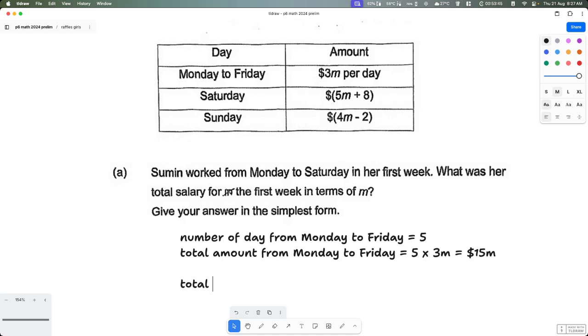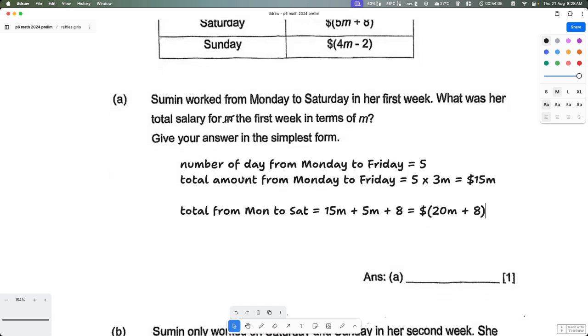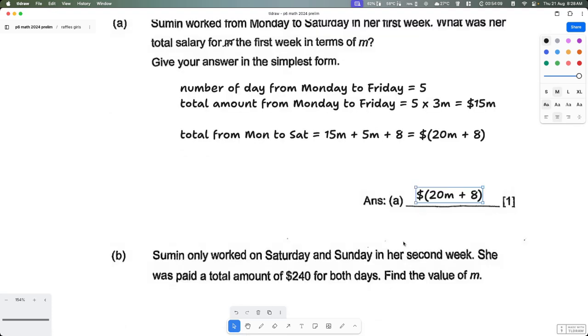Then the total from Monday to Saturday is 15M plus 5M plus 8, which is equal to $20M plus 8. I'm going to put this in brackets. So that's your answer, $20M plus 8. Okay, let's move to part B.